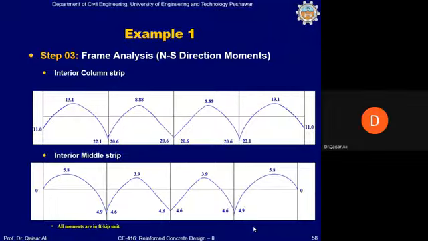I will just demonstrate the calculation of reinforcement for one of the bending moments, and the rest you can do yourself.